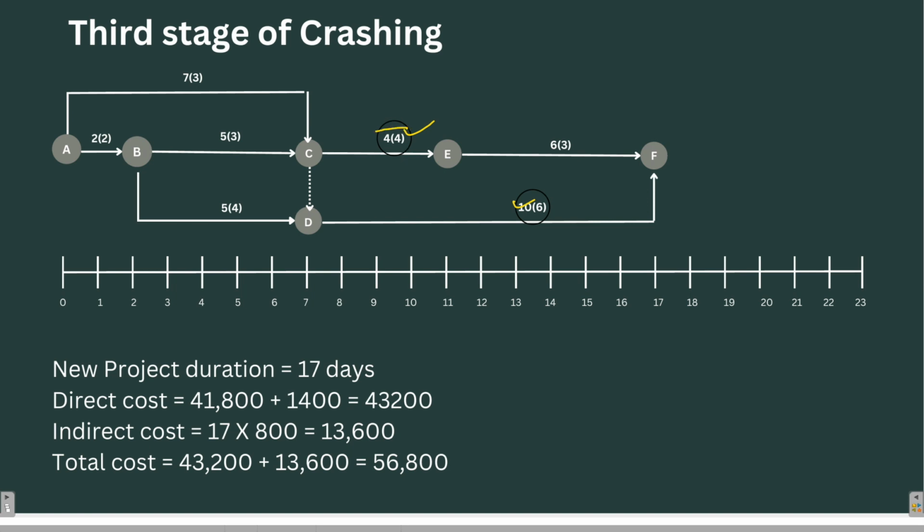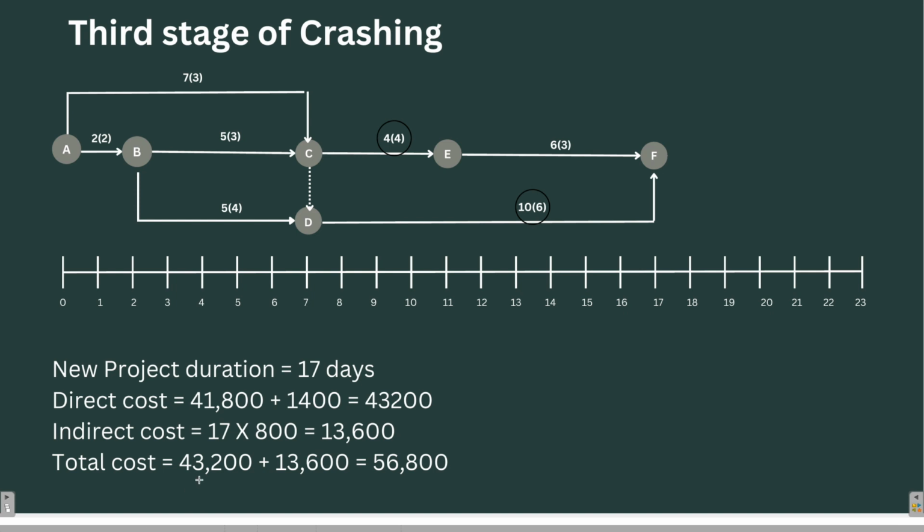It will be fully crashed. Normal duration will be 4, while the crash duration will be 4. E, which was earlier at 12, will shift to 11. This DF will also get crashed. Earlier it was 11 days, the duration will change to 10 days, right? So both the activities will get crashed.